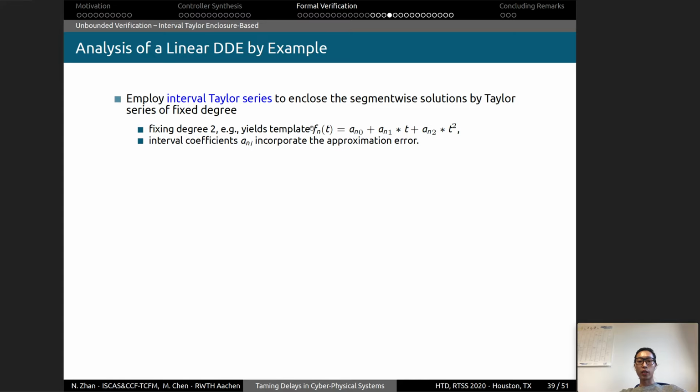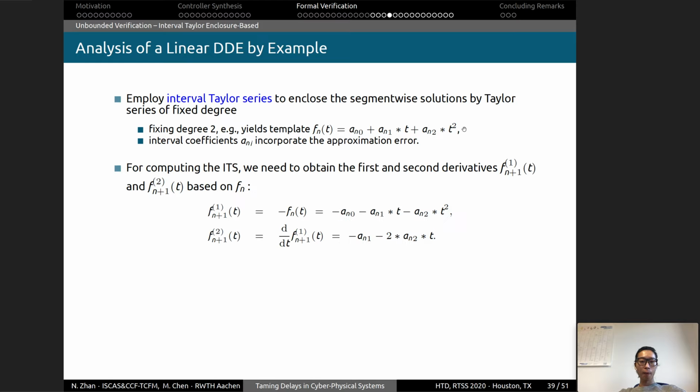So you can imagine this Taylor series template as a kind of enclosure that encloses the solution or the reachable set. Now in order to compute the next step, we need the derivatives in the Taylor series, and this can be simply done by taking one step of differentiation here.